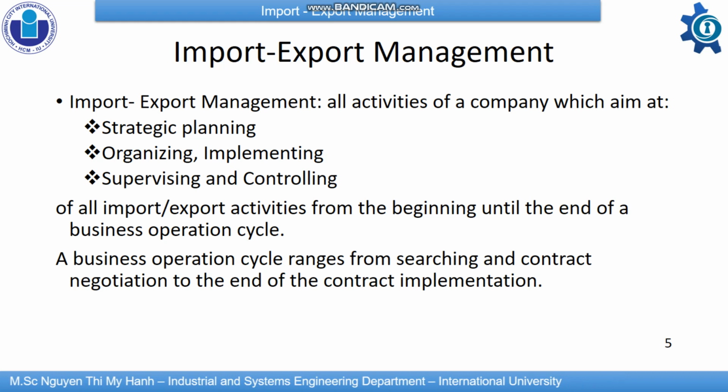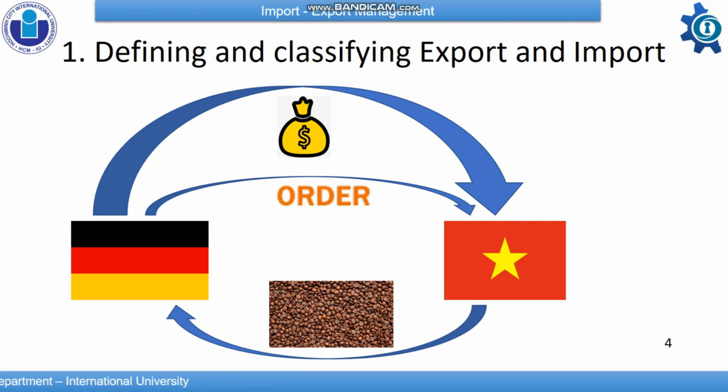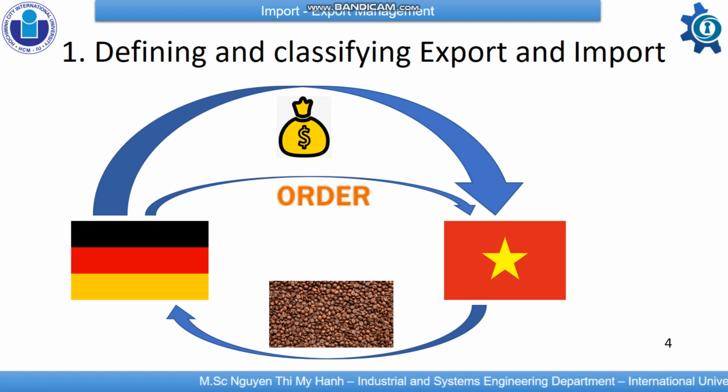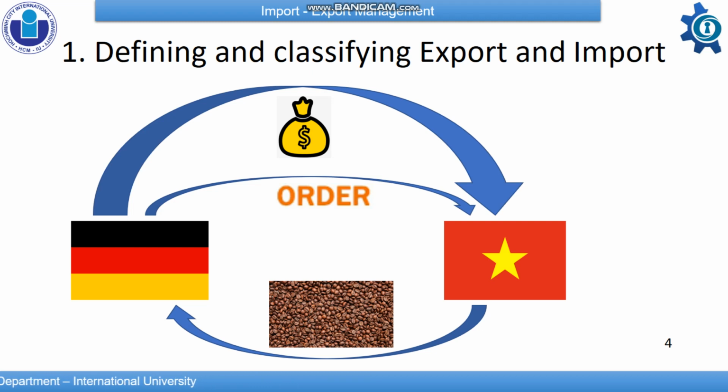So what is the business operation cycle? Let's go back to our example again. To find a buyer in Germany, the company in Vietnam has to search and find the customer in Germany, right? So when they search and find the buyer in Germany, that is when the business operation cycle starts.